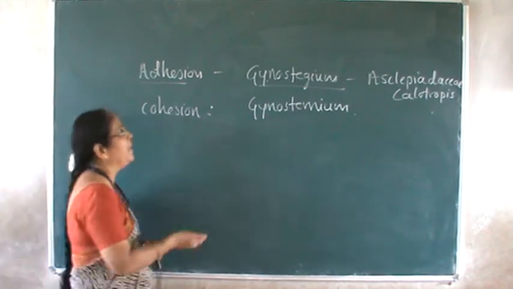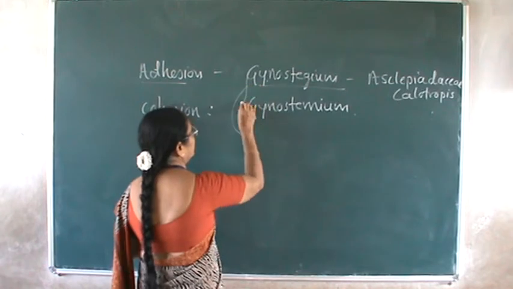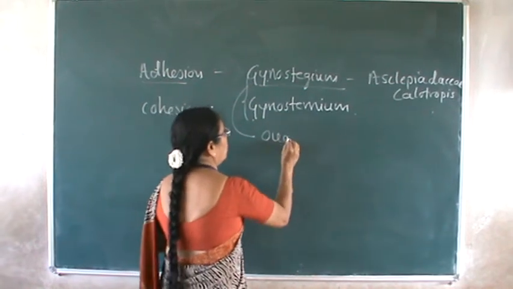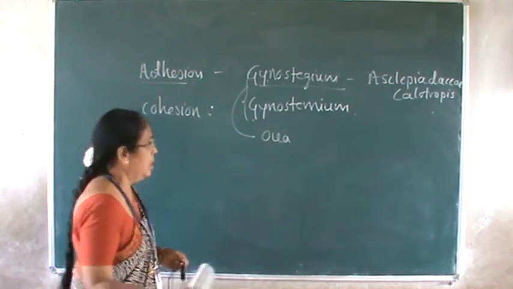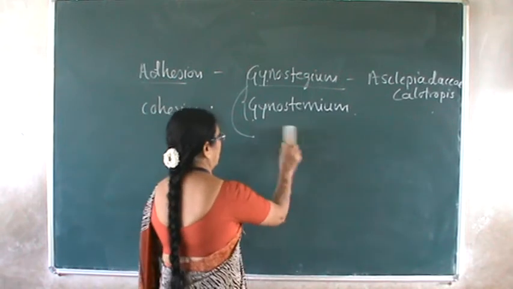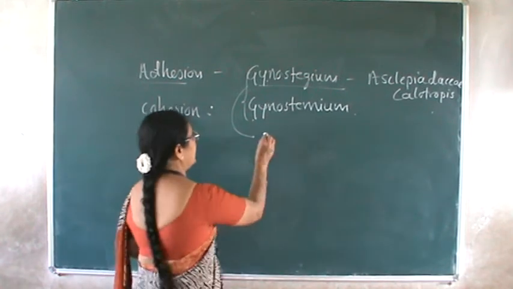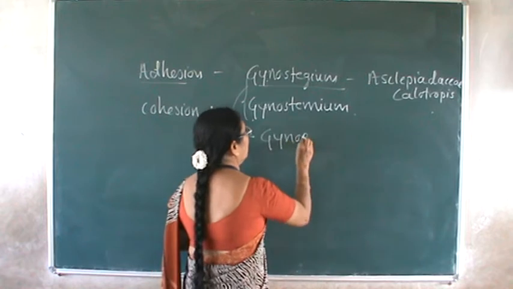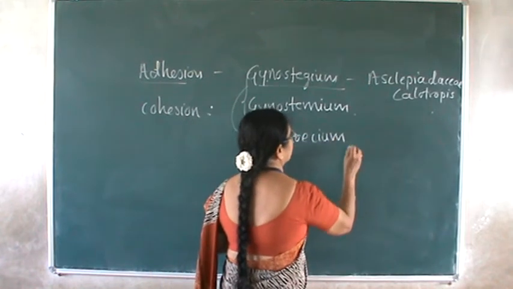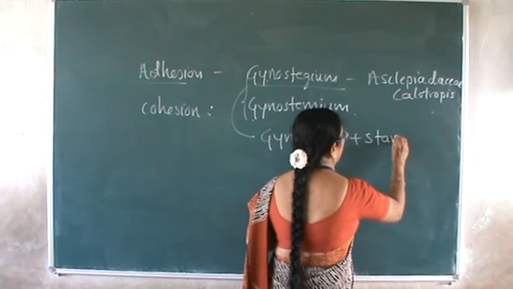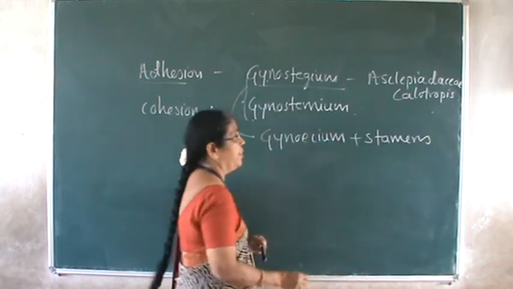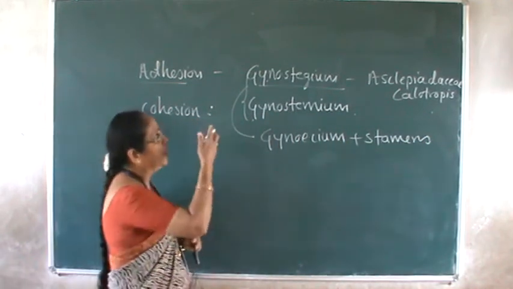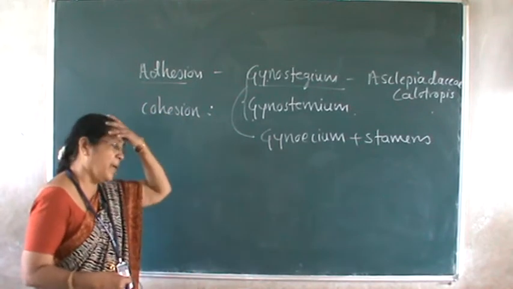It is a combination of the gynoecium with the stamens. So it is a combination of gynoecium along with the stamen, called gynostegium and gynostemium.